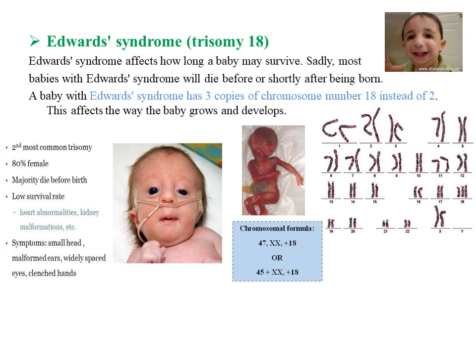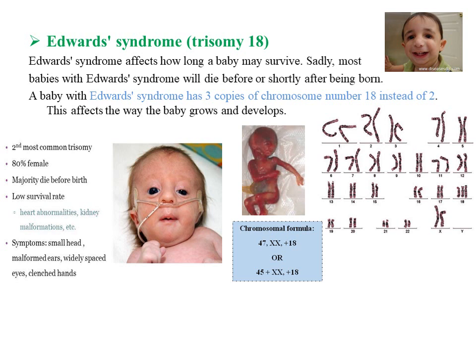Now I want you to look at the formula. The total number of chromosomes is 47 due to the presence of an extra chromosome. So it's 47, it's not 46 anymore.